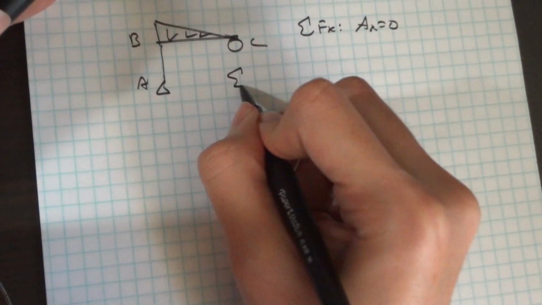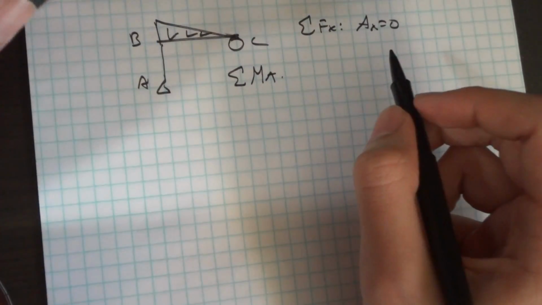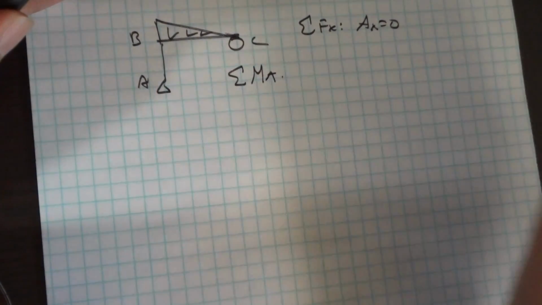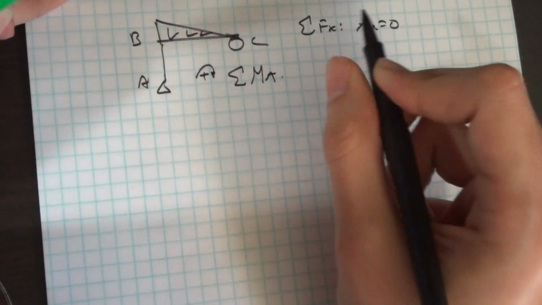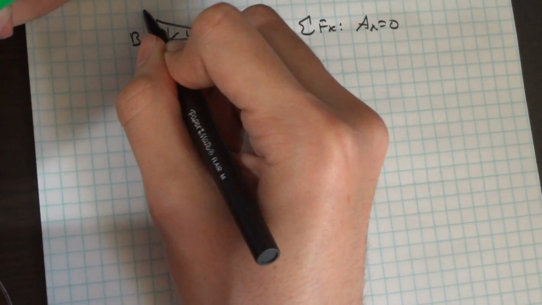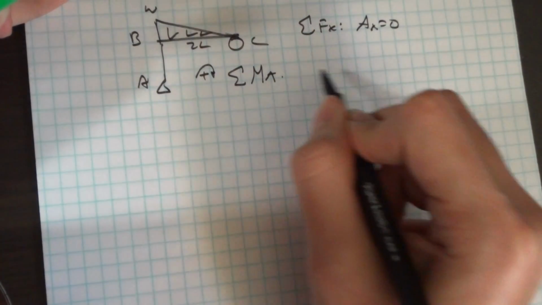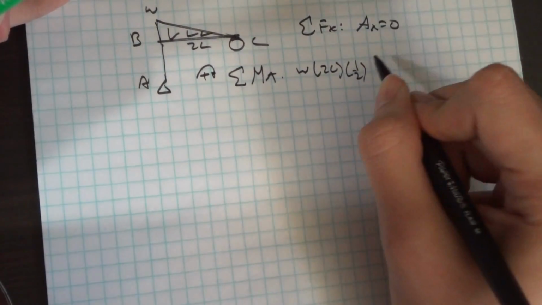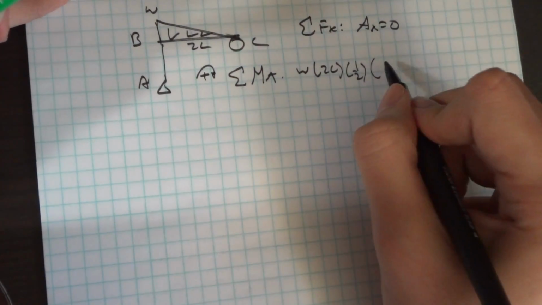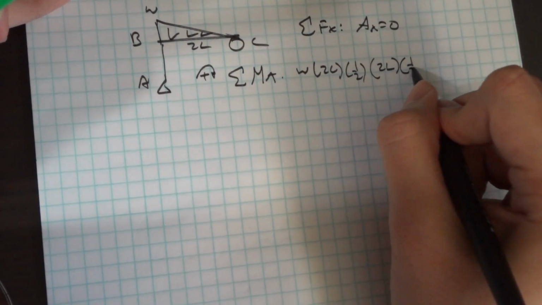I can use my sum of moments about A, and let's say that this way is positive. This is W, and this is 2L, so my load is W times 2L times 1/2 times the distance to the centroid, which is 2L times 1/3.